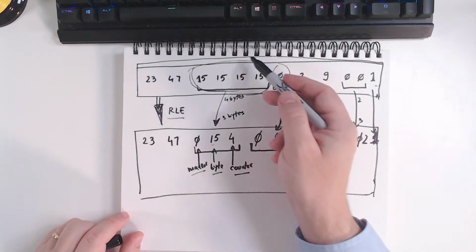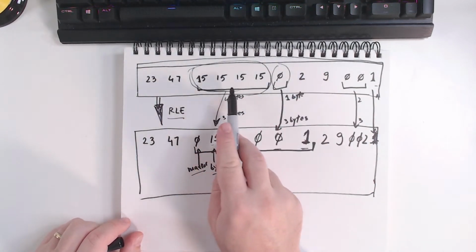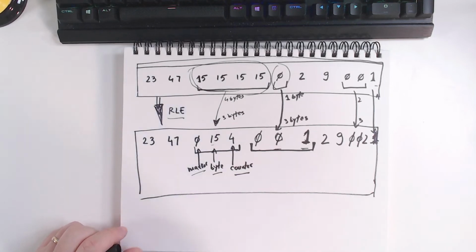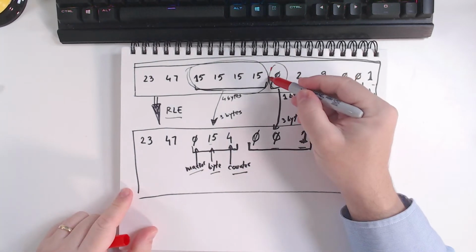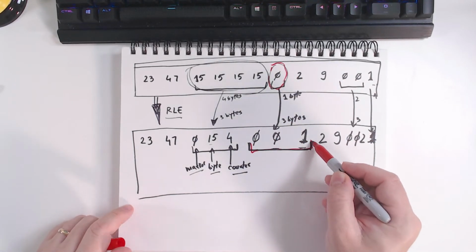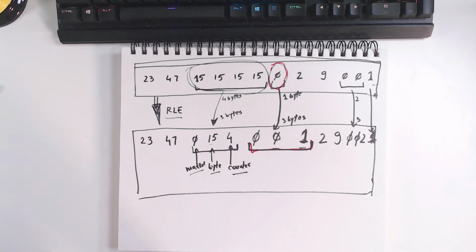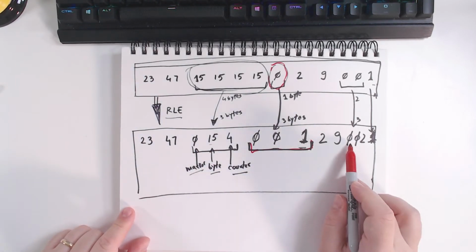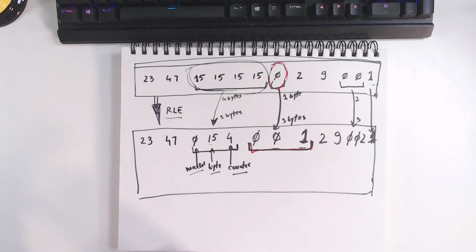If the sequence is 200 bytes the same, it will be encoded in 3 bytes. The only problematic situation is when we have a single 0, because it will be encoded in 3 bytes, and this is because we use 0 as a marker in all these sequences to indicate that it's a compressed sequence.